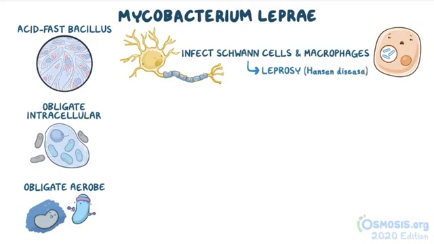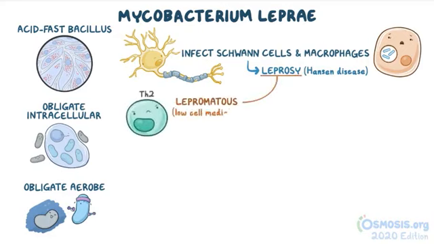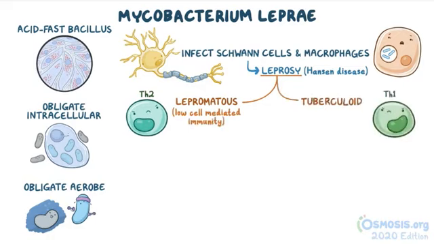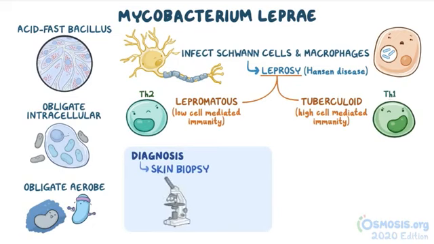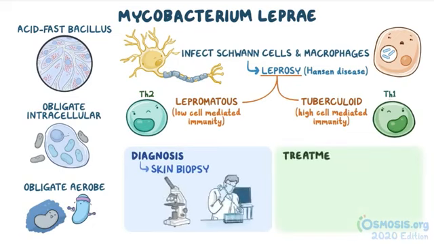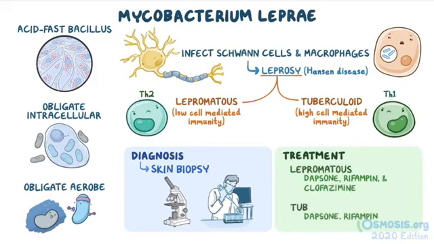According to the type of cell-mediated immunity response, there are two major forms of leprosy: Lepromatous, which is the result of Th2 cells, or low cell-mediated immunity, and tuberculoid, which is the result of Th1 cells, or high cell-mediated immunity. Diagnosis can be done by identifying Mycobacterium leprae in a skin biopsy with microscopy or PCR. Treatment is done with dapsone, rifampin, and clofazimine for the Lepromatous form, and dapsone and rifampin for the tuberculoid form.